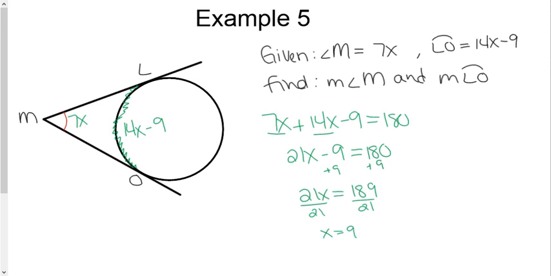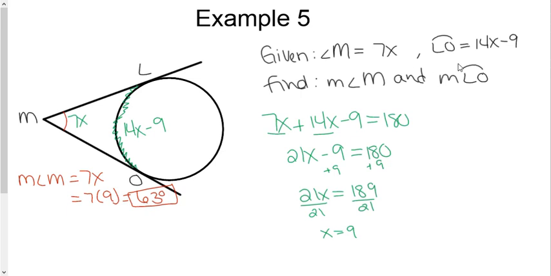Unfortunately, we're not done yet. I know we've got to do more work. What I've got to do is find angle M. The measure of angle M was 7x. I now know x is 9, so I'm going to plug this in to get 7 times 9, which is 63 degrees. So there's one down, one to go. Do the same thing.